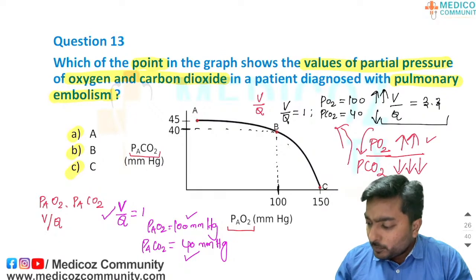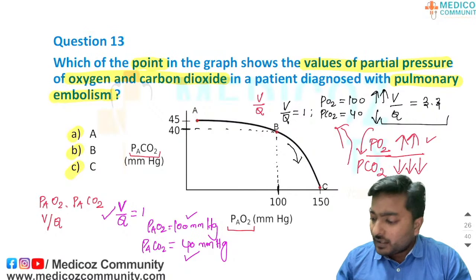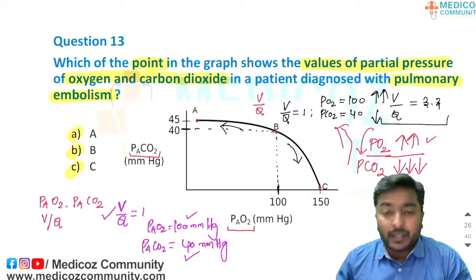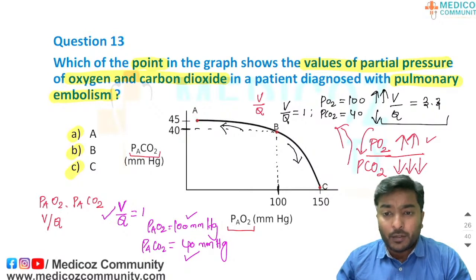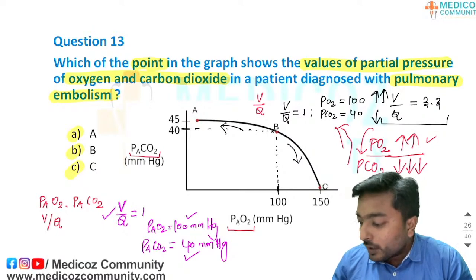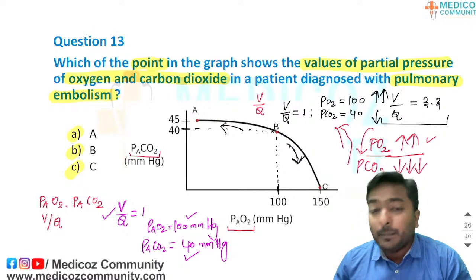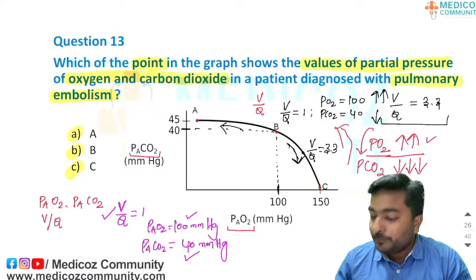Does it go below point B for the apical region, or above it? Guess by looking at the values of PO2 and PCO2. The PO2 value will be high only if you go down from point B. So this is the point where you have a V by Q ratio of 3.3.